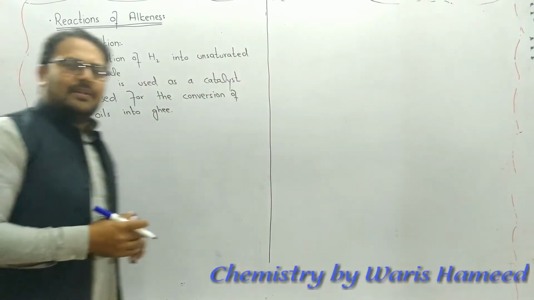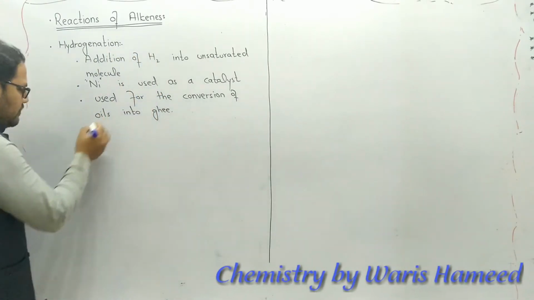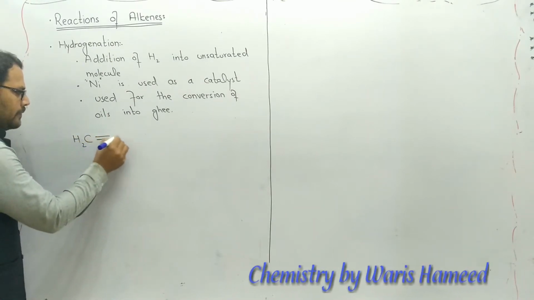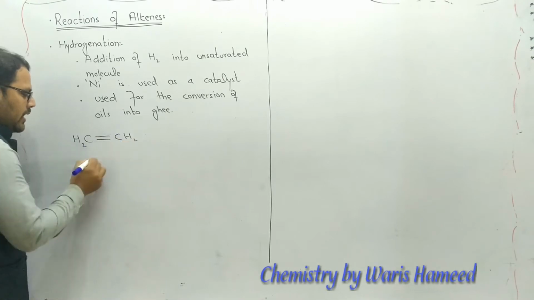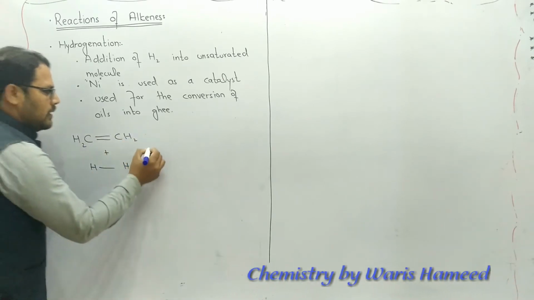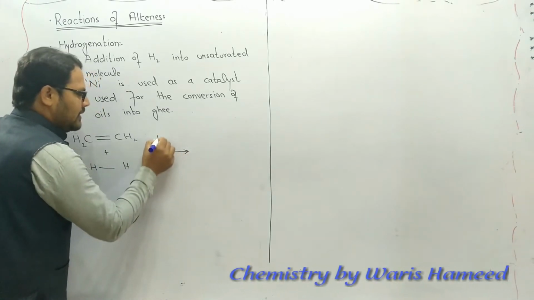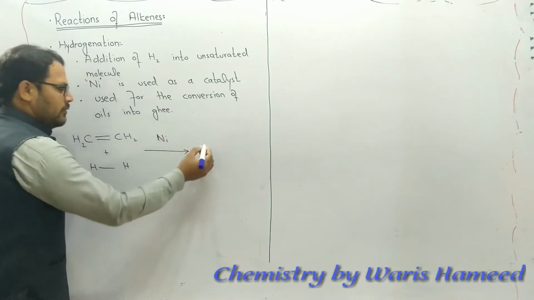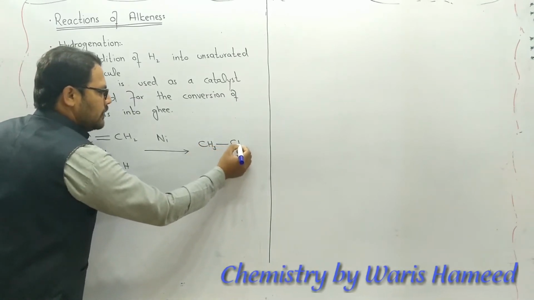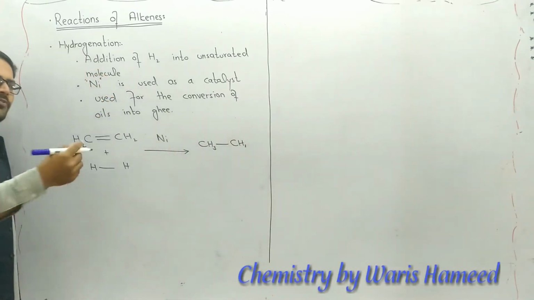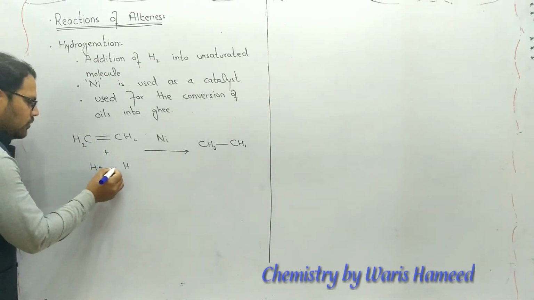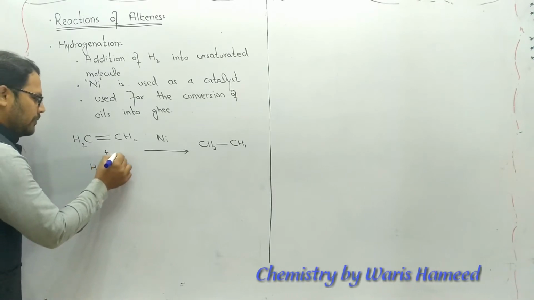Now going toward the reaction, I am taking ethene in which hydrogen is being added in the presence of nickel catalyst, and it will convert into ethane. We can form an imaginary line to see how this product is formed.